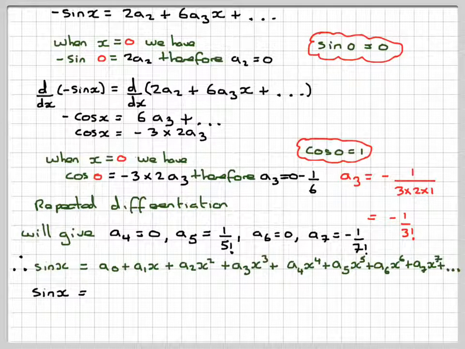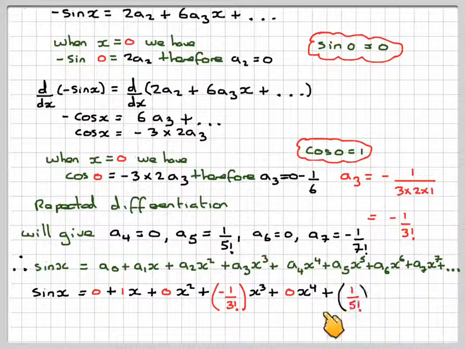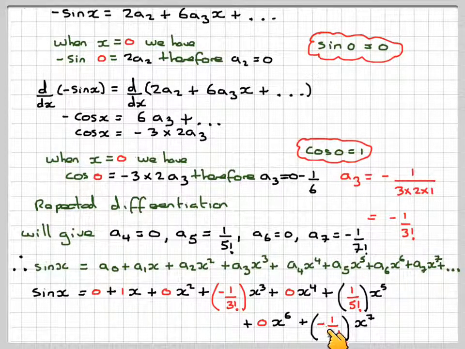We're going to have that sin x is 0 plus 1 times x plus 0 times x squared plus minus 1 over 3 factorial x cubed plus 0 times x to the 4th plus 1 over 5 factorial x to the 5 plus 0 times x to the 6 plus minus 1 over 7 factorial x to the power of 7, etc.